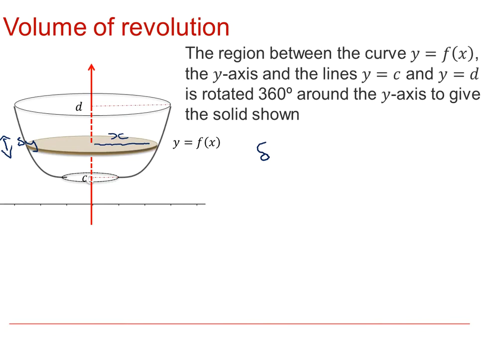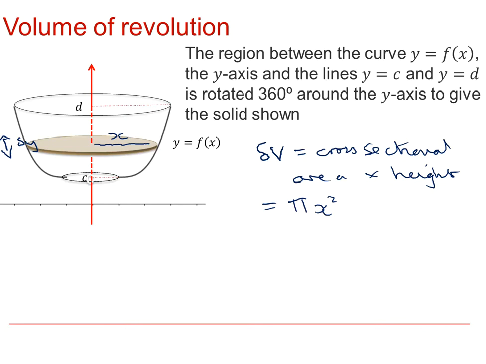Therefore, the small volumes of the cylindrical discs will still be the cross-sectional area times the height. But in this case that will then be pi x squared, x being the radius, times the height delta y.